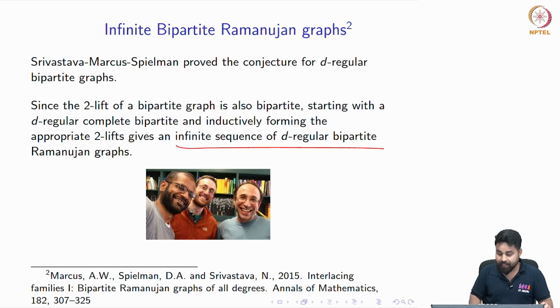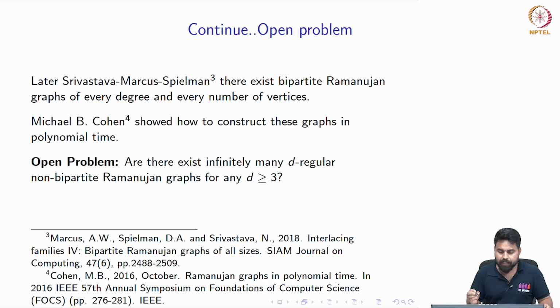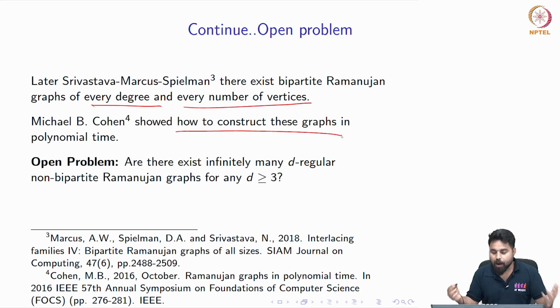In fact, later on they proved that this statement holds for every degree and every number of vertices. So there exist bipartite Ramanujan graphs of every degree and every number of vertices. And very soon after that, Michael B. Cohen showed how to construct these graphs in polynomial time.